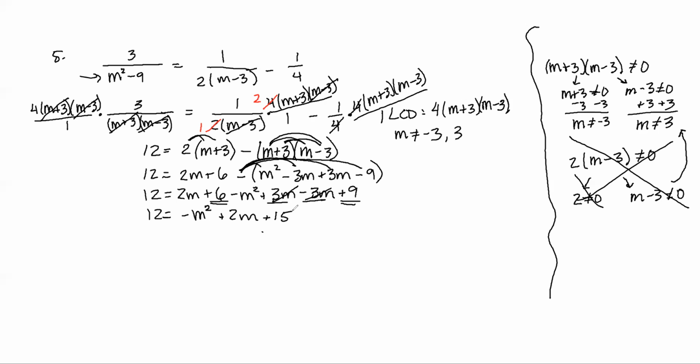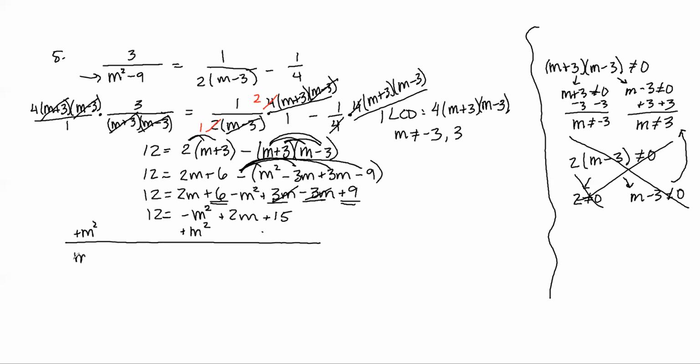All right, now let's go ahead and see what we have here. We have a quadratic equation, which means that we want this to be equal to 0 so that we can factor and solve. So in order to make this a little bit easier for factoring, I'm going to make this m squared positive by moving it over to the left side. So I'm going to add m squared, and it's just going to go in the front.